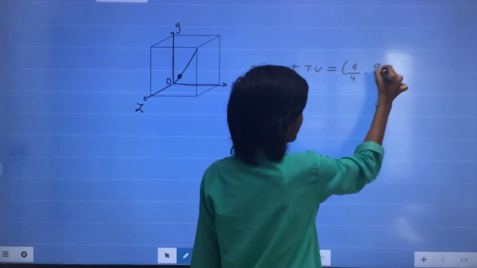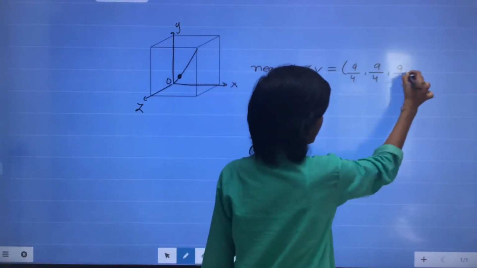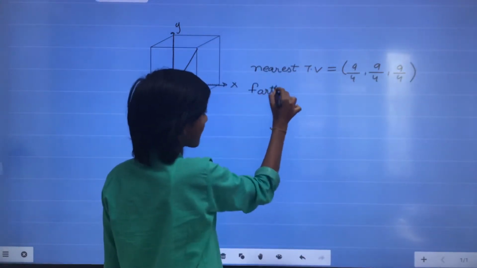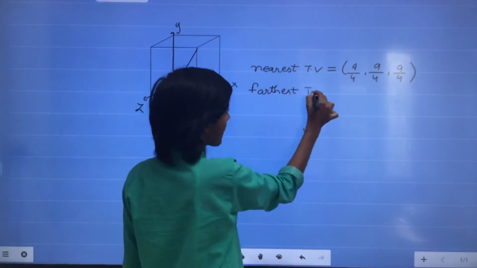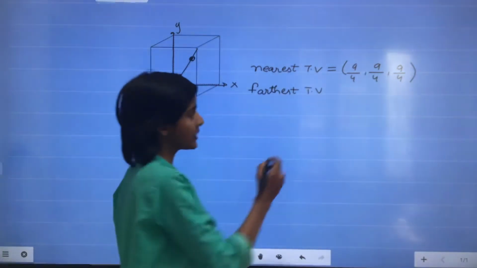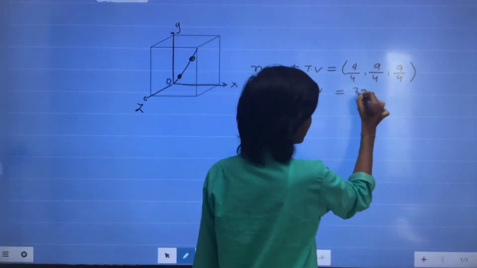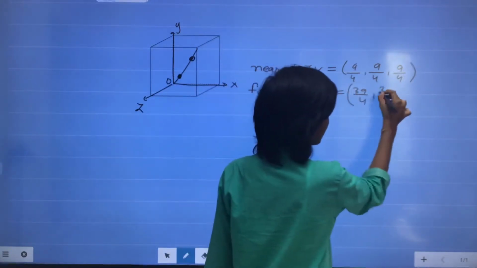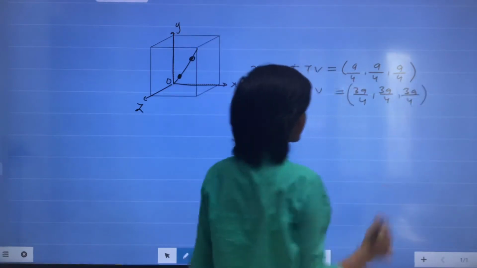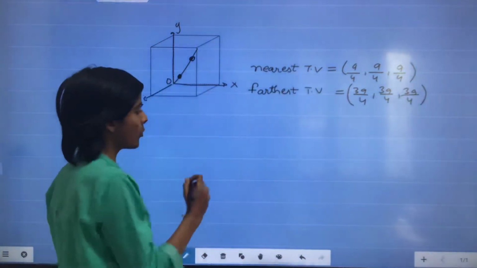a/4, a/4, and a/4. Then we talk about the farthest TV. This is the farthest TV, and the coordinate of the farthest TV is 3a/4, 3a/4, and 3a/4. Then we talk about the OV.